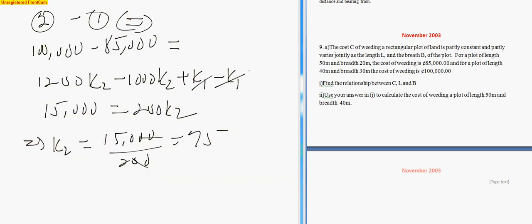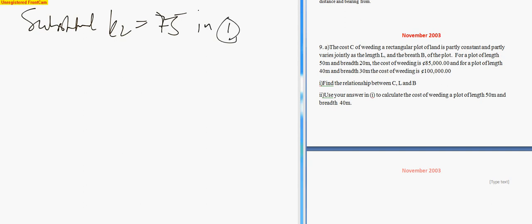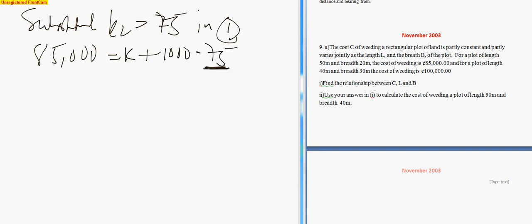So let's substitute K2 equal to 75 in equation 1. We get 85,000 equal to K1 plus 1,000 times 75. Remember, this is K2.